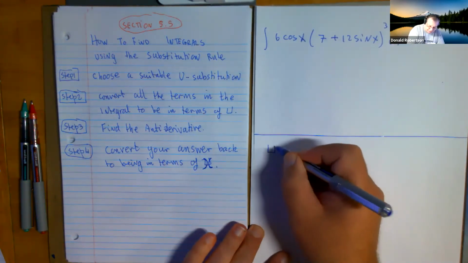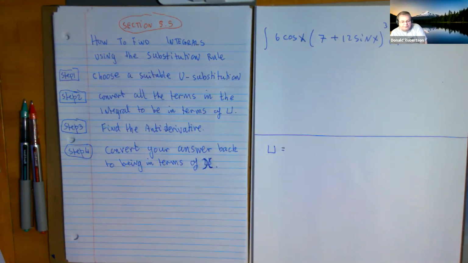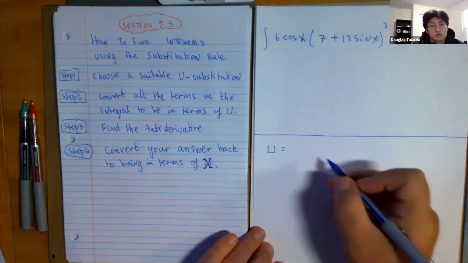I'm going to do my u sub down here. What would be our u sub in this question? 7x plus 12 sine x.